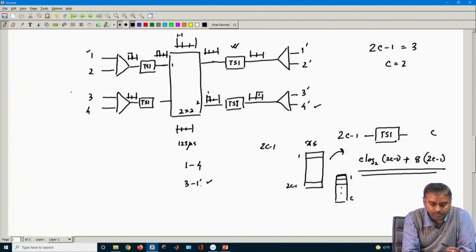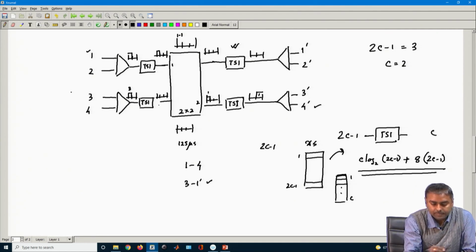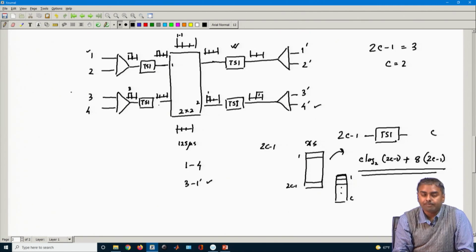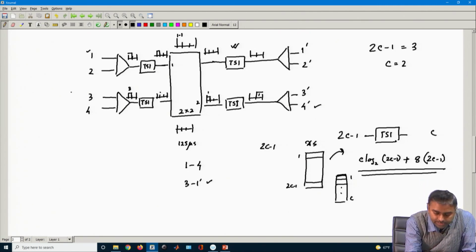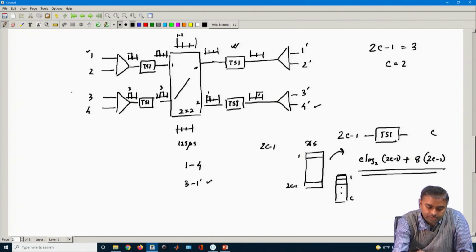Now, the next one, 3 to 1 dash. So, 3's data comes over here. Now, over here I might choose to swap it. So, let us say I put it in the second slot. That is where my 3 comes, so 3 then should go over here.